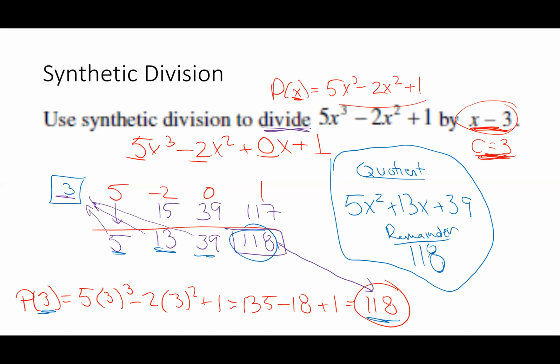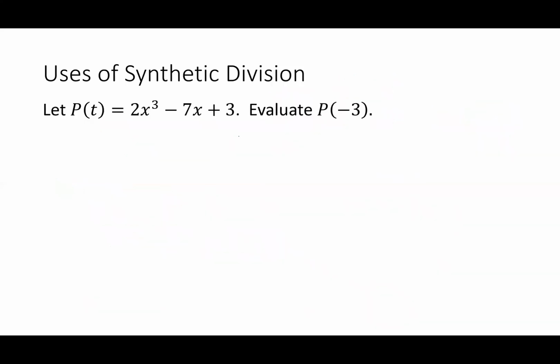Obviously, this example is really helpful as well because you see what to do with a 0 as a coefficient for a particular term. Now, for this one, what I'm really asking you to do is evaluate p of negative 3.